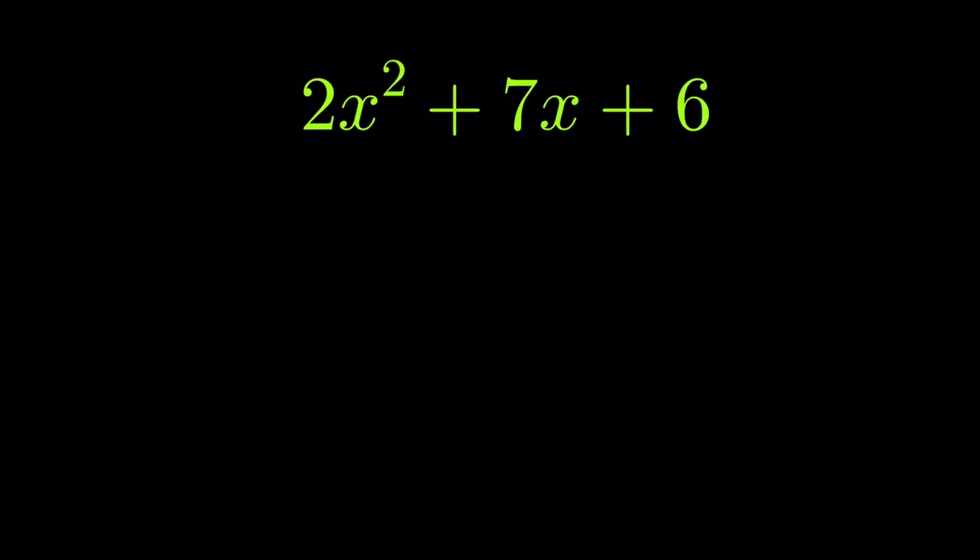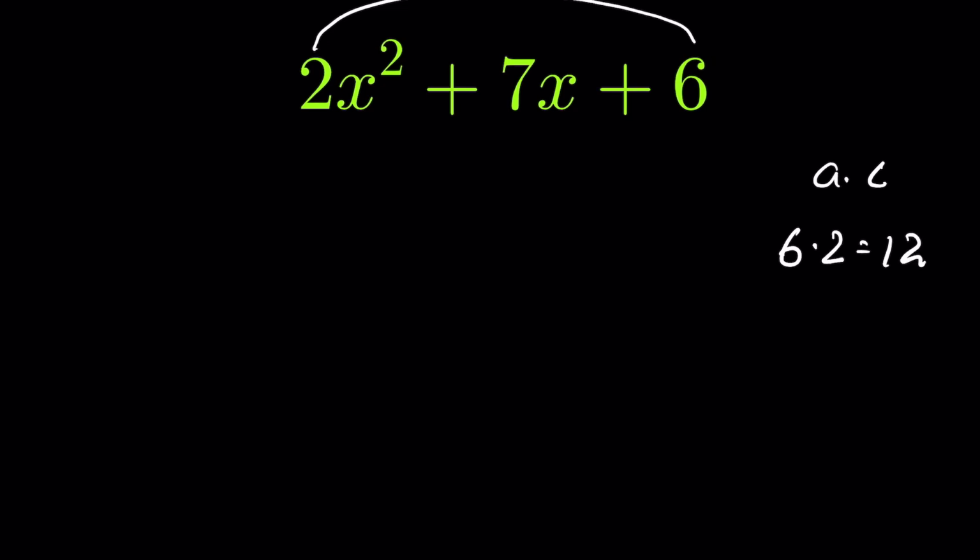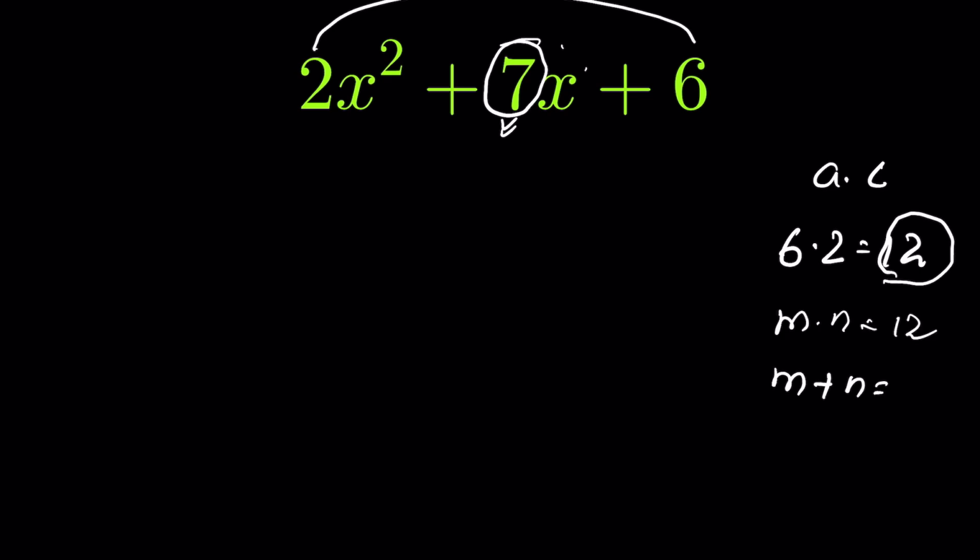Another example, 2x square plus 7x plus 6. Multiply the two numbers here, the coefficient of x square and c, a times c, it is 6 times 2 is 12. Now either you can take this number and break it down into two numbers such that their product is equal to 12 and their sum is equal to this b or 7.